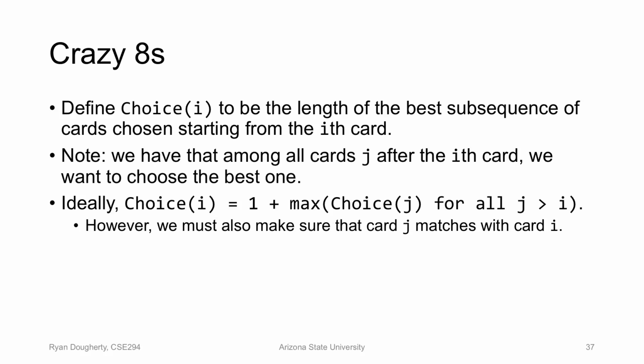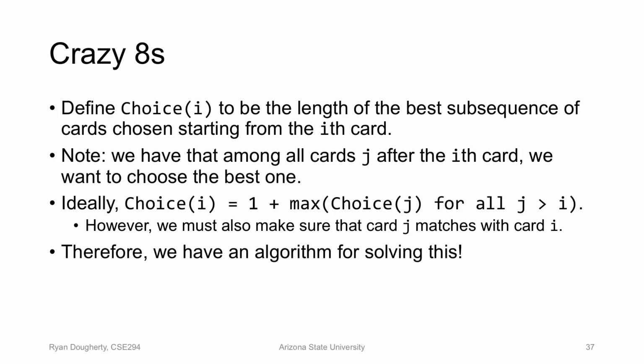But we also want to make sure that card J matches with card I, because if it didn't match, then we would have a problem, right? Because I have to have this property that consecutive cards have the same rank, the same suit, or one of them has rank 8. So we can do that in constant time, but I'm just telling you, you would have to account for this. So therefore, we have an algorithm to solve this. So how would I solve this?